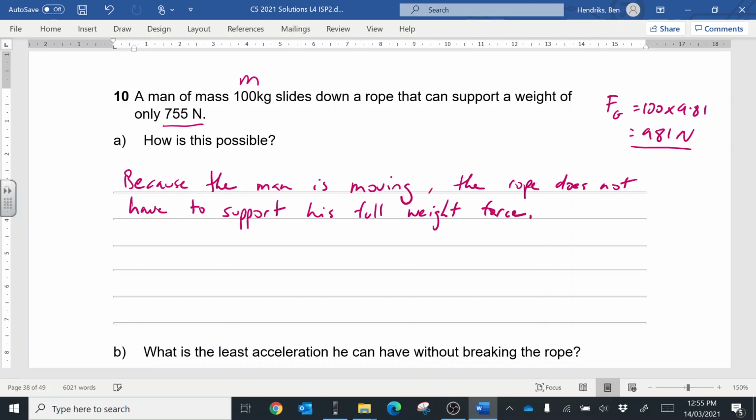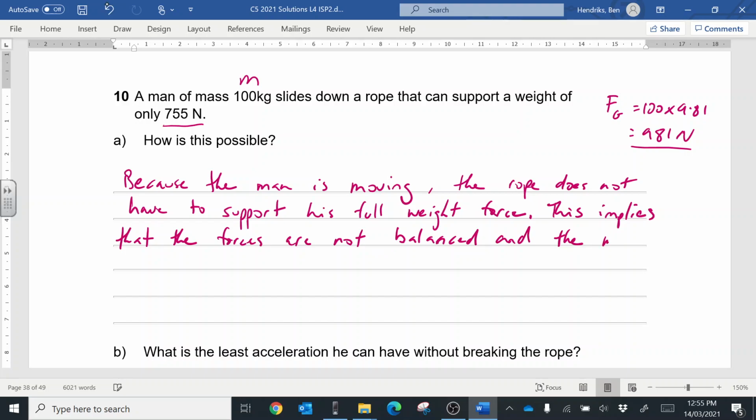It means that he will be accelerating. This implies that the forces are not balanced, and the man is accelerating downwards.